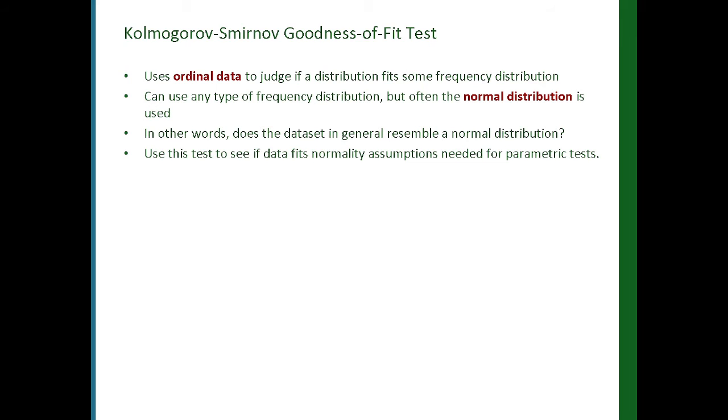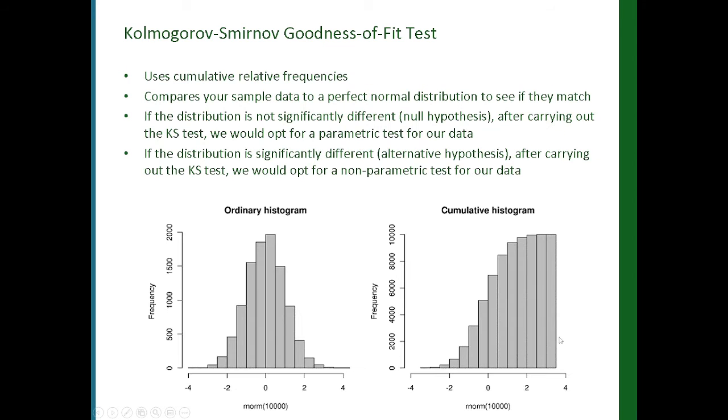As a consequence, you might carry this out prior to fitting the models based on the parametric approach to show that the data you've got are normally distributed. This would be a good way for you to make that decision rather than just qualitatively looking at the distribution of the data.